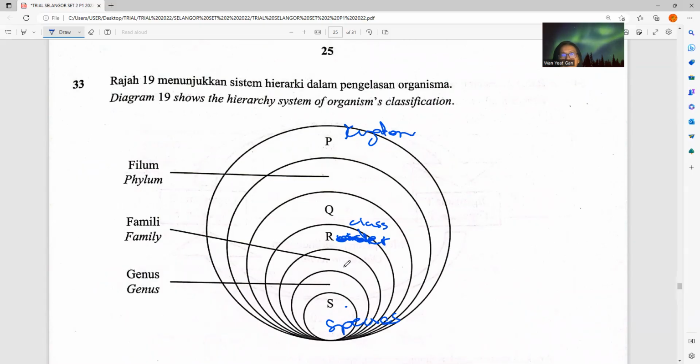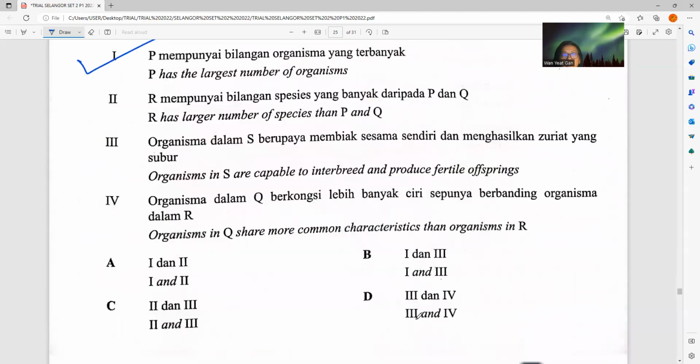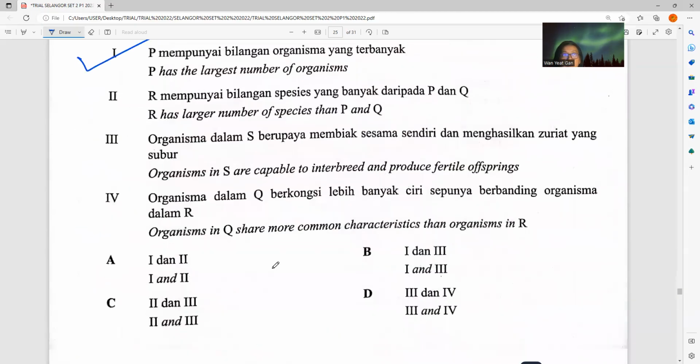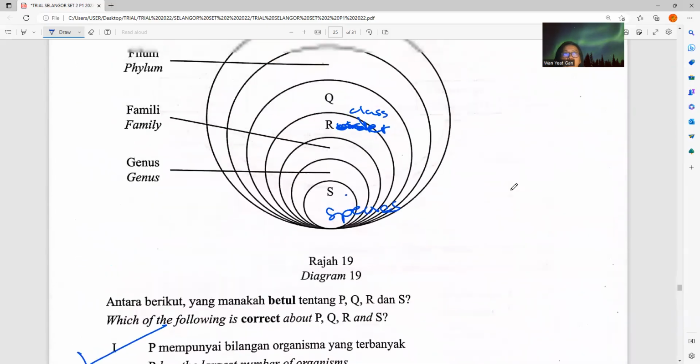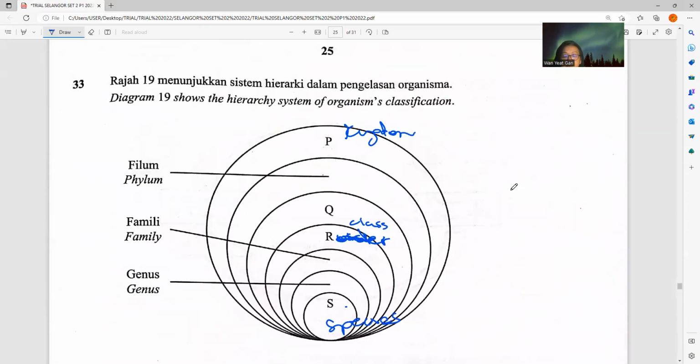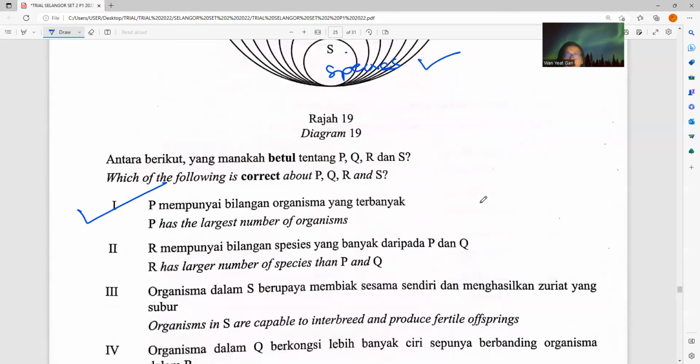The lower the hierarchy, the lesser the number of species. And next, we have organisms in S are able to interbreed and produce fertile offspring. Okay, S here is species. Species are able to interbreed, correct? They are able to interbreed and produce fertile offspring.